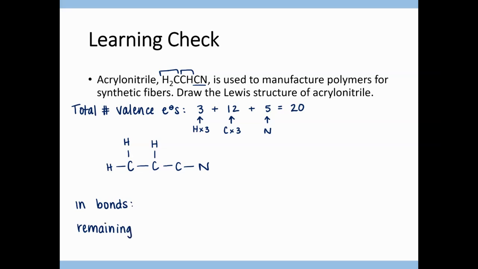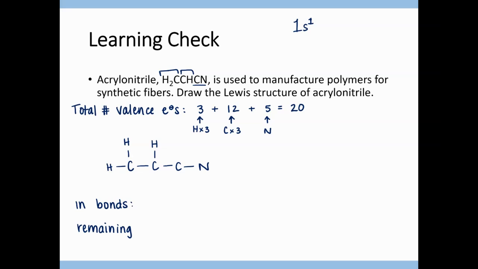Just 1. So when we're counting total valence electrons, we're thinking about an individual atom with a neutral charge. So hydrogen, if you draw the electron configuration of hydrogen, it's 1s1. So it just has 1 electron. But hydrogen will bond to obtain another, to have a full shell. Okay, so we have 20 total valence electrons.